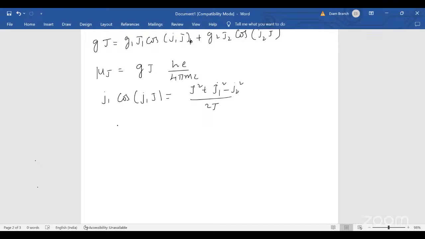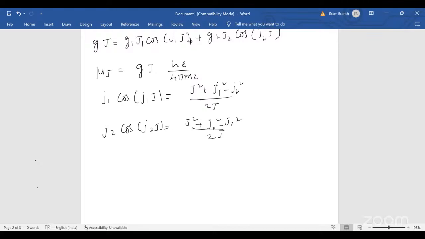Similarly, for the second electron, J2 cos of J2J is equal to J square plus J2 square minus J1 square by 2J.